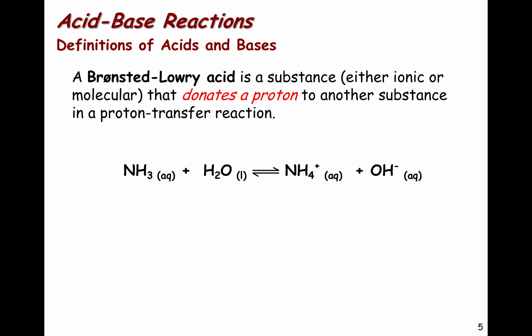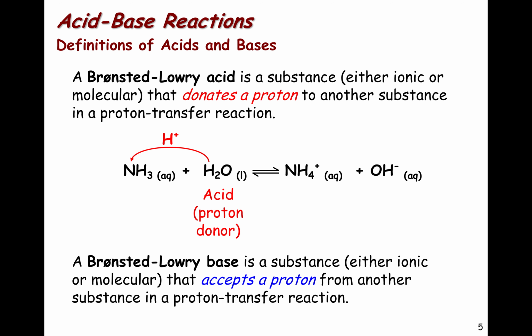In our reaction, the equilibrium between ammonia and water producing ammonium ion and hydroxide ion, the hydrogen ion is given up by the reactant species water and transferred over to the base, which is the ammonia on the reactant side of the arrows. So the water is acting as the acid because it is the proton donor, which is consistent with the ammonia accepting that proton and acting as the base.